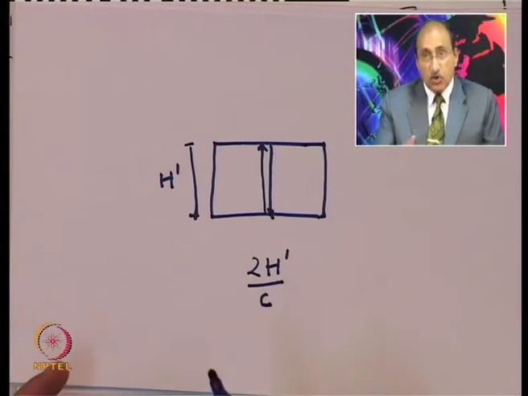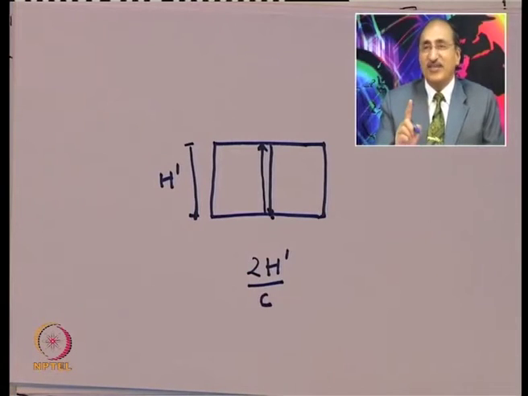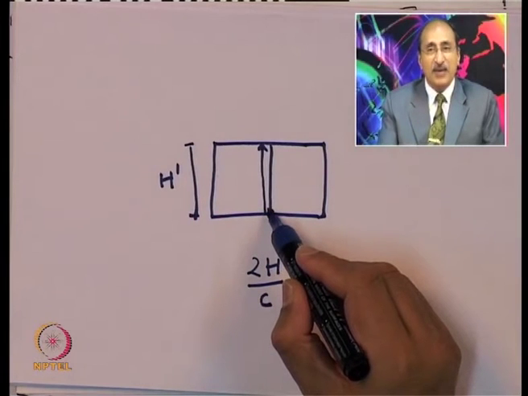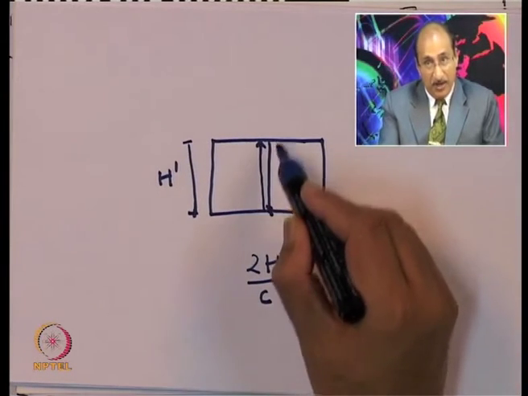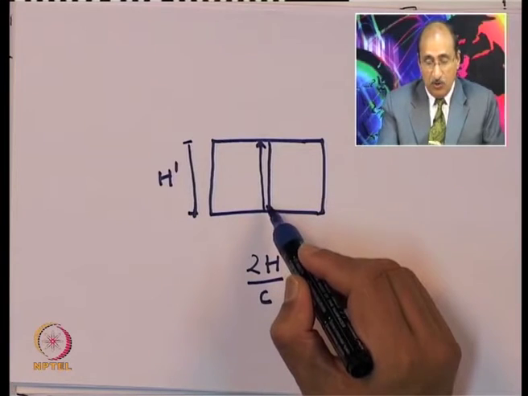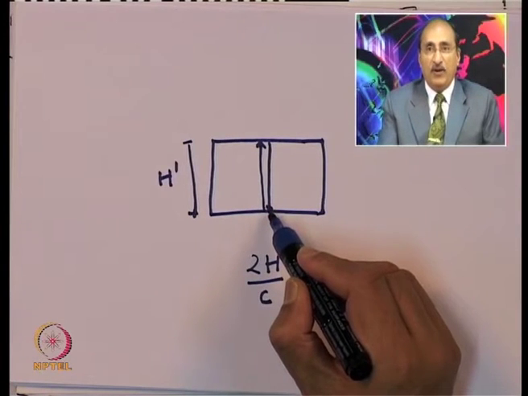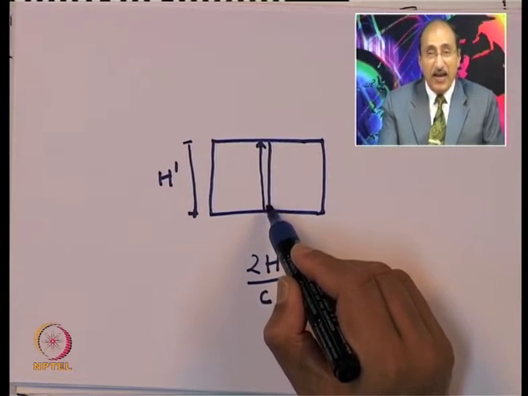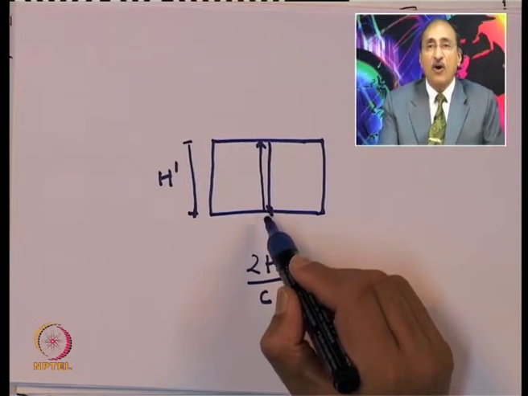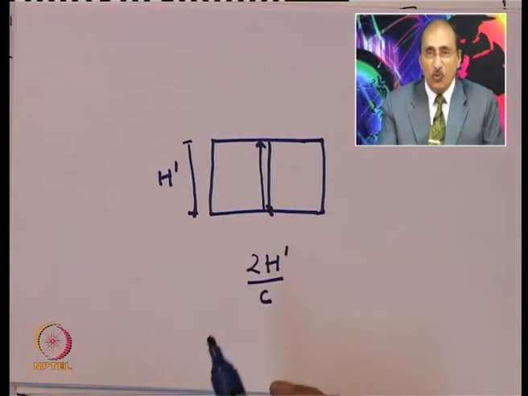Therefore, the x coordinate and y coordinate of the second event have not changed, because both these events occur at the same point. The light is emitted from this point, goes up and comes back at this particular point. Both these events, light being emitted and light being received, occur at the same point, which is the origin of the S prime frame of reference.